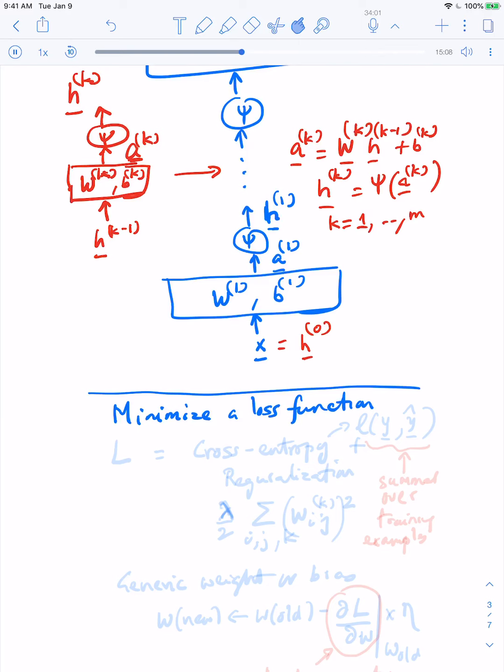and I'm going to switch to the notation that is most common. Capital L is used for the loss function. It's basically equal to the cross entropy loss function that we saw before. It's basically how well the y hats and the y's are matching, plus regularization terms.